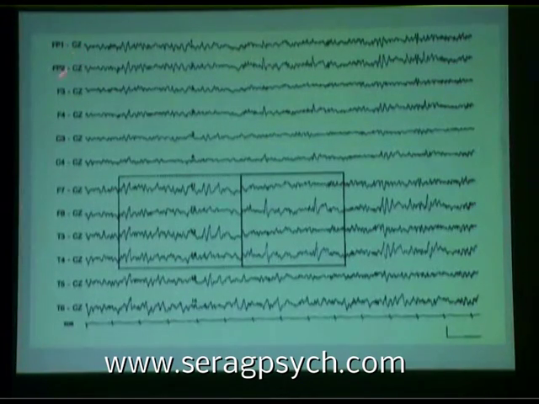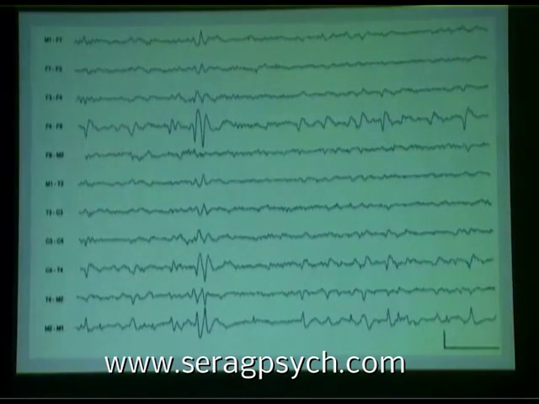So using a CZ montage can be very helpful. Next, please. Well, it's just more of the same, isn't it? This time it's M2, and slow waves along with it. When you see temporal spikes, you'll almost always see slow waves at the same time.